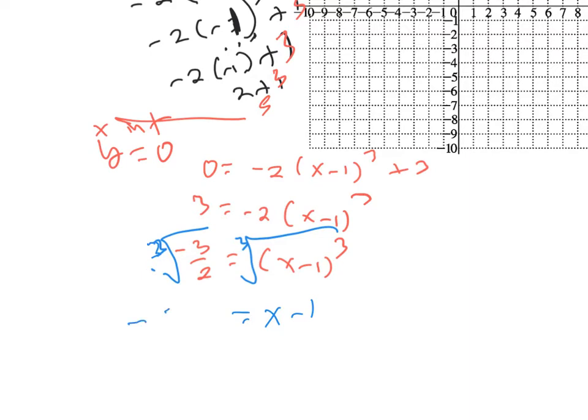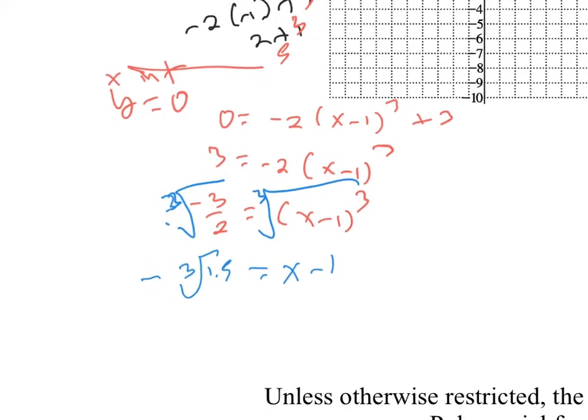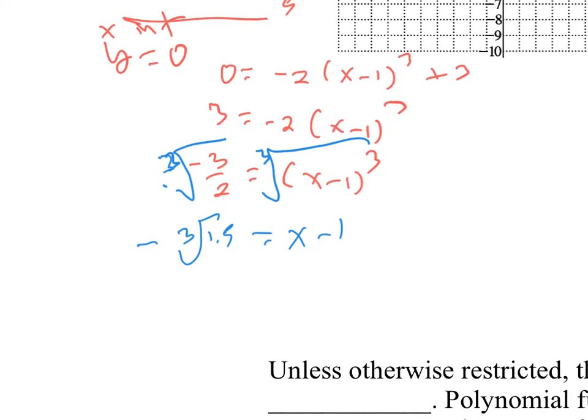some negative number, whatever the cube root of 1.5 is. And I'll be honest, I don't know what the cube root of 1.5 is. But I can guess, because watch. 1 times 1 times 1 is 1. I need bigger than 1. 2 times 2 times 2 is 8. I need smaller than 2. So the answer is between 1 and 2.